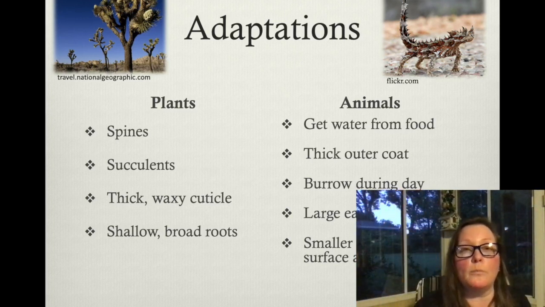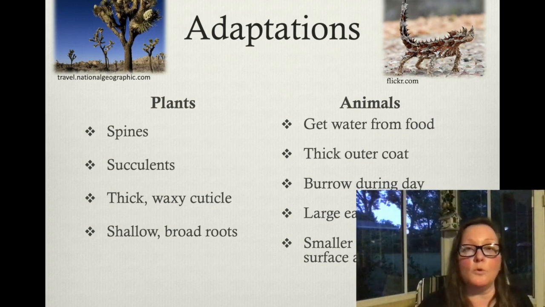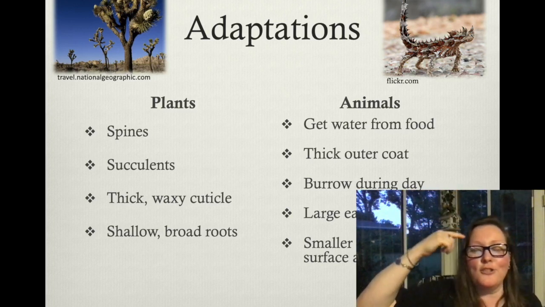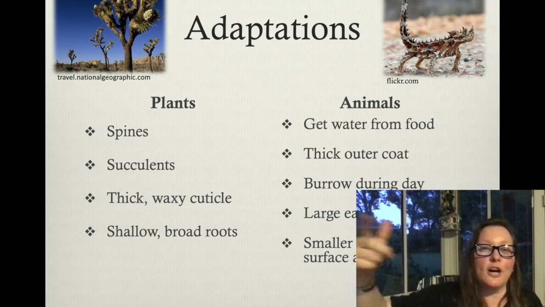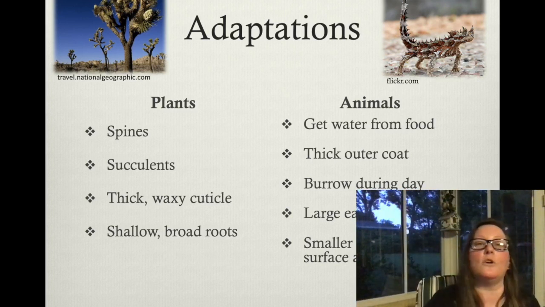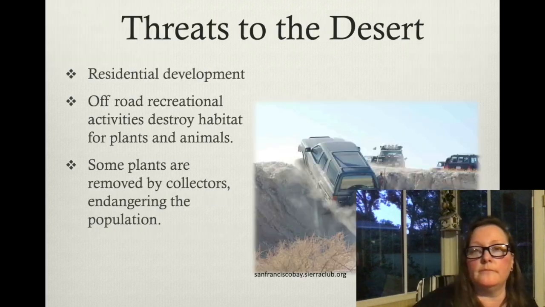The big ears help them cool off, because as the blood flows through the ears, it's cooled off by the air, so then the cooler blood goes back into the body in order to help them regulate their temperature. And the animals tend to be smaller. They're smaller because less surface area helps them stay a little bit cooler.